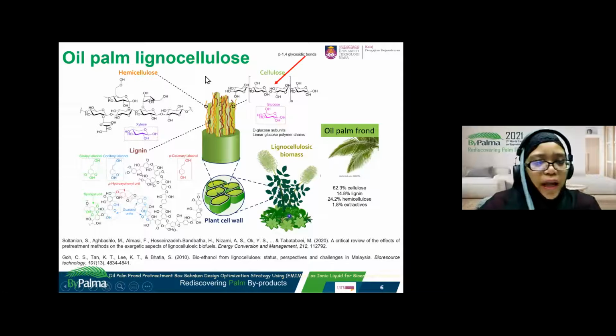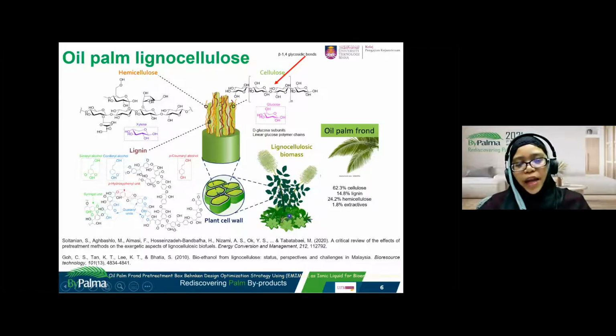So what do we have in the LCB itself? As you see on the slide, the main contribution of the LCB is the cellulose, whereby according to the report by Goh in 2010, for OPF itself, about 62% of cellulose is contained in the LCB, other than the hemicellulose and also the lignin.